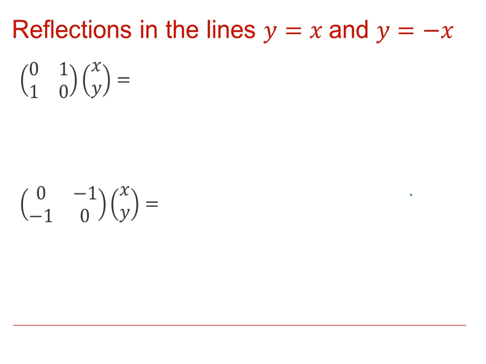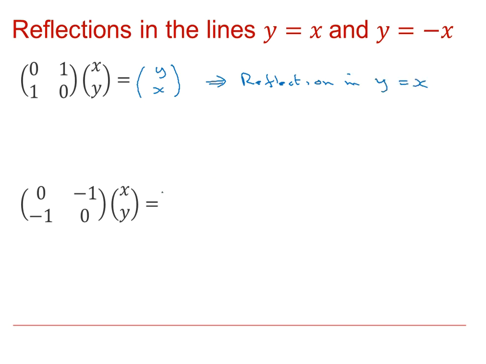So here we've got (0, 1; 1, 0) times (x, y). So (0, 1) times (x, y) gives me y. (1, 0) times (x, y) gives me x. And you can see that x has become y, y has become x, and that implies the matrix has created a reflection in the line y equals x.